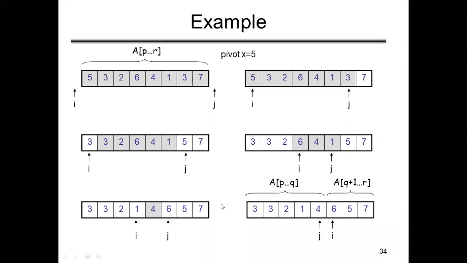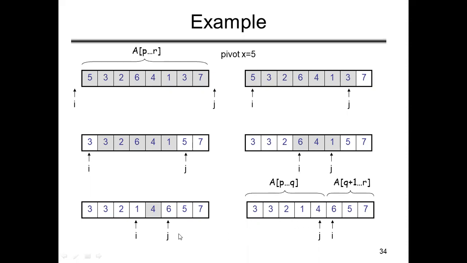Now see this one. P to Q is this part, and Q plus 1 to R is the right part. So when you consider 1 and 6 swapped, after that you got this one. Now move I, and you can move J also in the left direction.